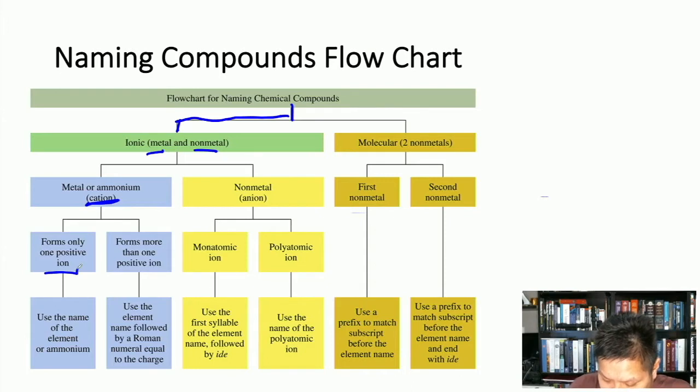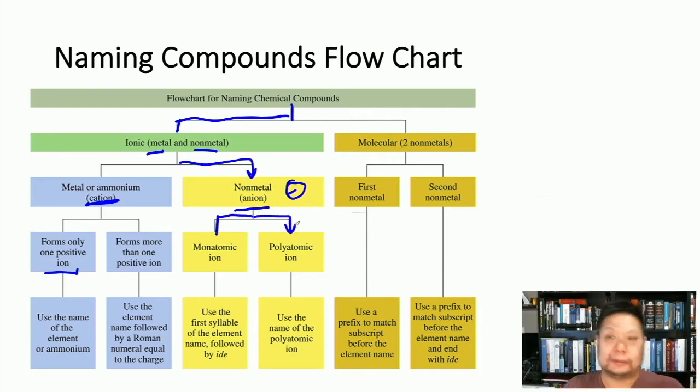And then the nonmetal is known as the anion, and these are the ones that are negatively charged. And these can be either monatomic, which is just a single ion, or polyatomic, which are those other ones that were in that big chart, like sulfate, nitrate, nitrite.